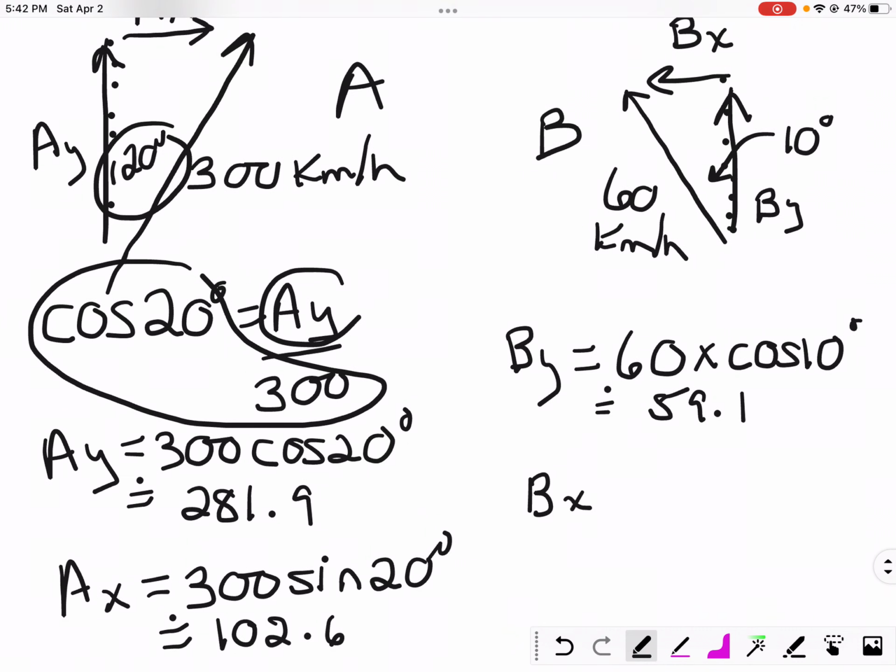B in the x direction is the opposite side, and for opposite, we're going to do 60 times the sine of 10 degrees. And that's going to be 59, oops, sorry about that, 10.4, my apologies.